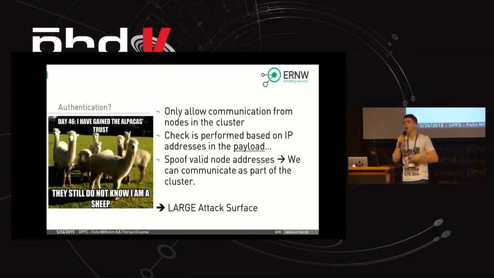Of course, this opens up an extremely large attack surface because it's a distributed file system. If we can just spoof that we are part of the file system, by design we have a lot of possibilities like manipulating data, corrupting data, and stuff like this. But we were more interested in getting direct remote code execution.